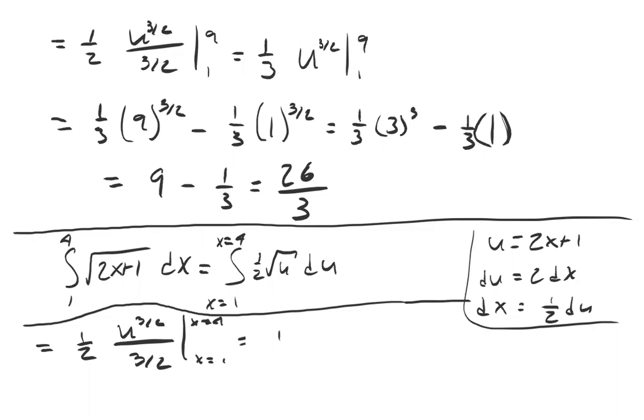So what I'm going to do here is go back and plug in for x: 1/2 times 2x plus 1 to the 3/2 divided by 3/2. And since I'm evaluating at x equals 1 and x equals 4, and my function here is a function of x, I can use those bounds, and you can double check. I'm going to leave this to you, but when you go through and do this, this ends up being 26/3, just like we saw using the first method.